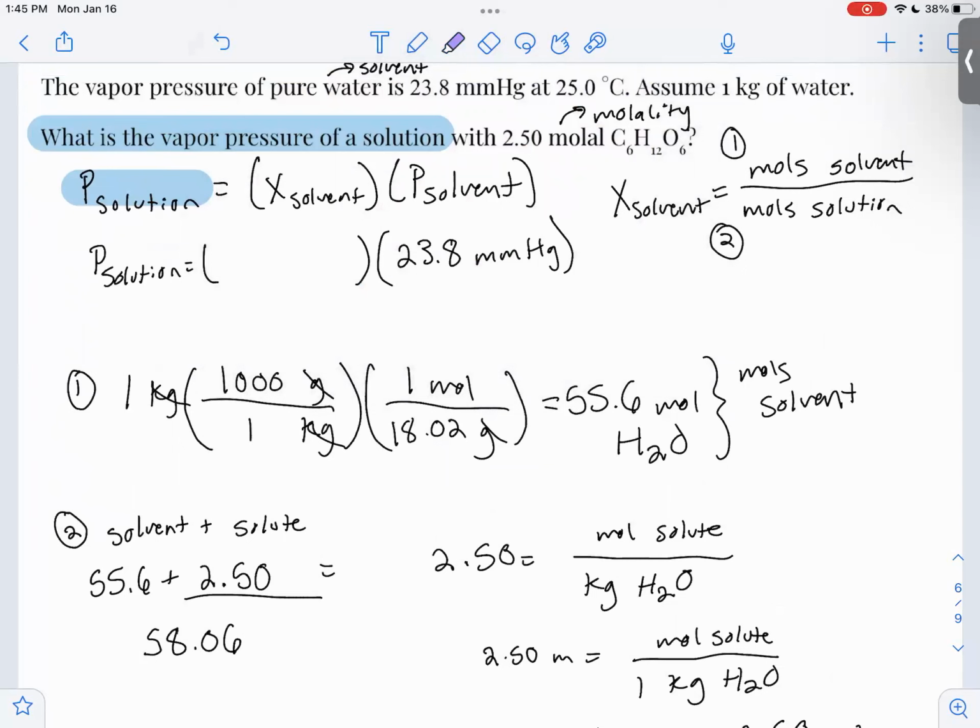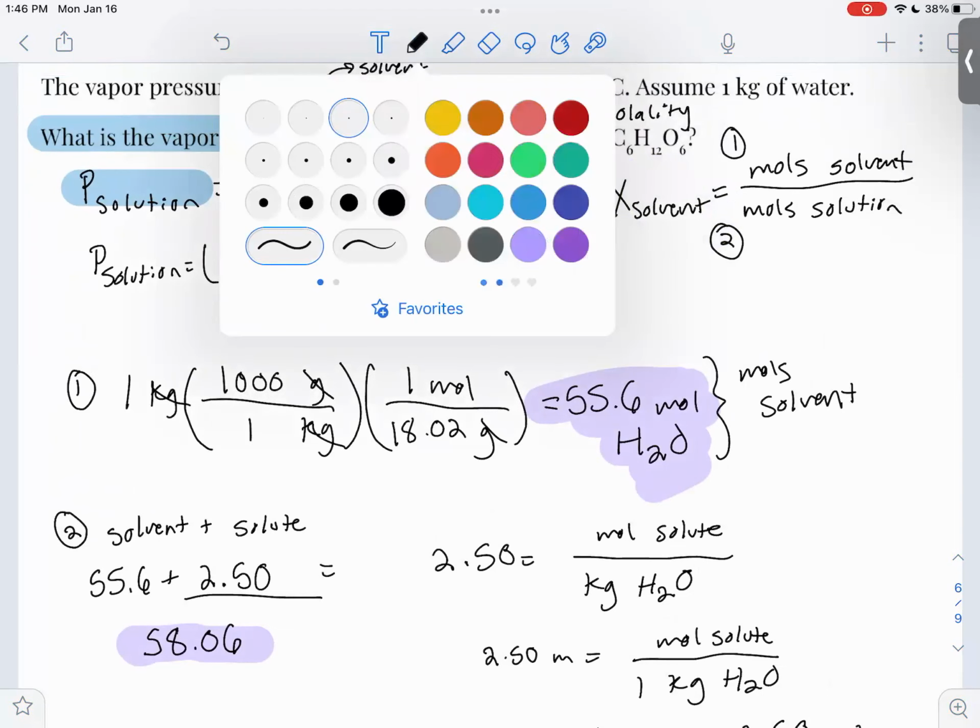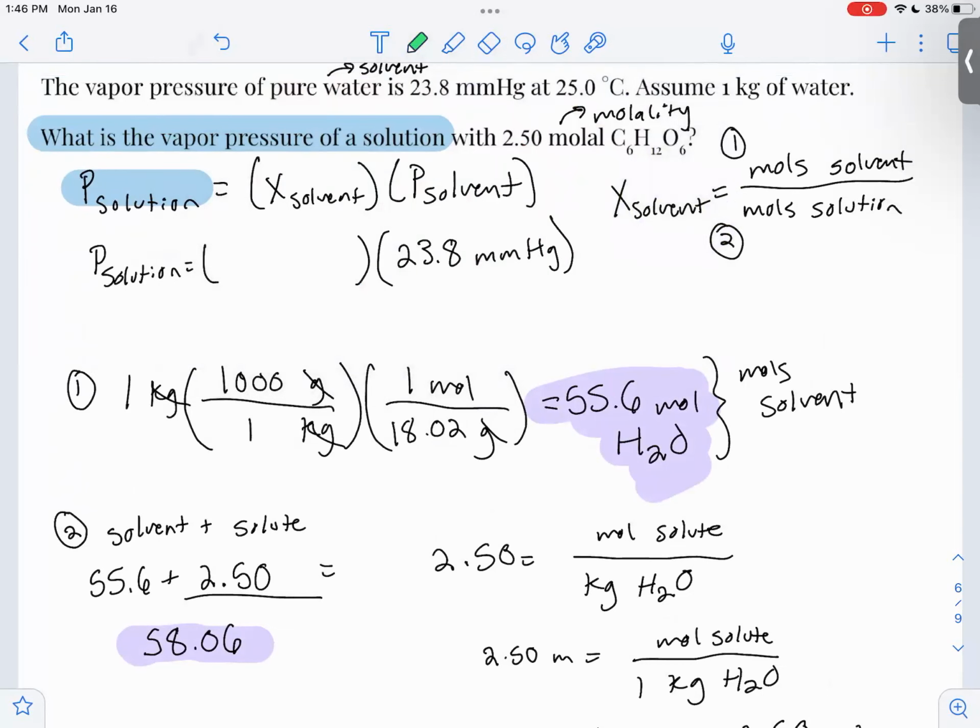So we have our moles of our solvent and we have our moles of our solution. Now we need to calculate the mole fraction of our solvent. Let's do that in green right up here. All we got to do is 55.6 over 58.06, and we're going to get 0.958.